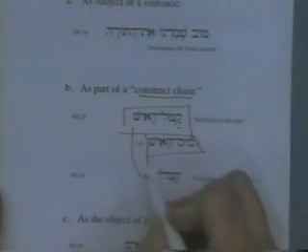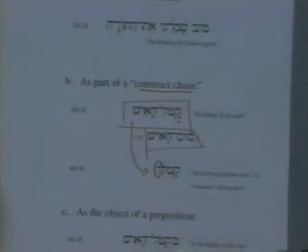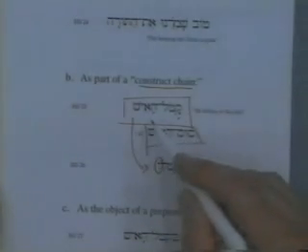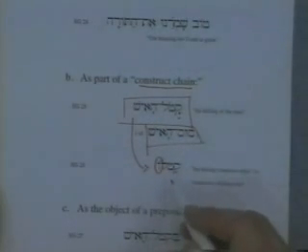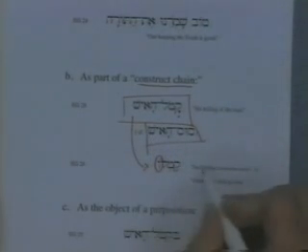We can do the same thing by substituting the pronoun his for the noun man. So instead of the killing of the man, or the man's killing, it's simply his killing. Killing being used here as the gerund, as the verbal noun, or in Hebrew the infinitive construct.